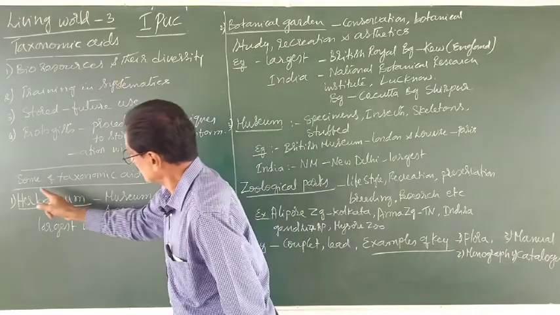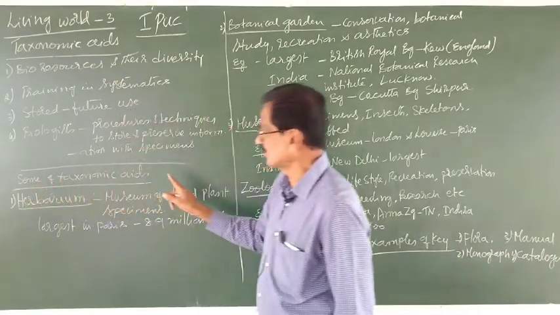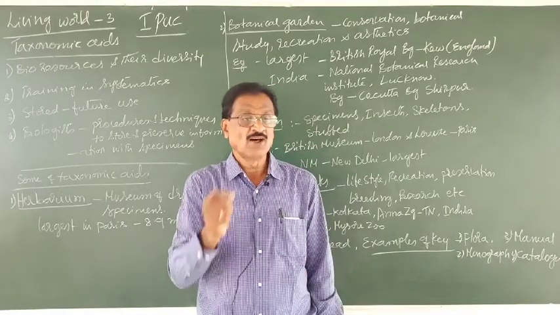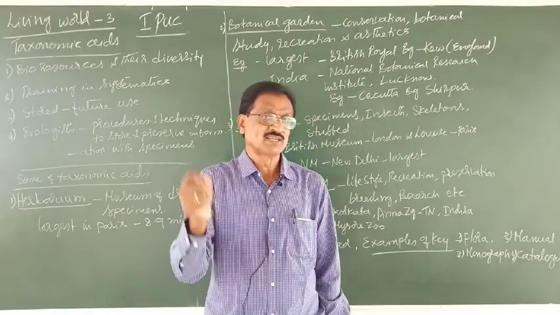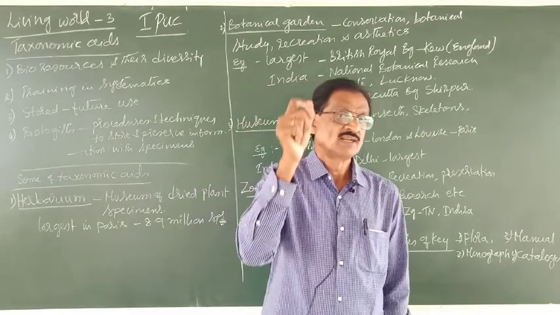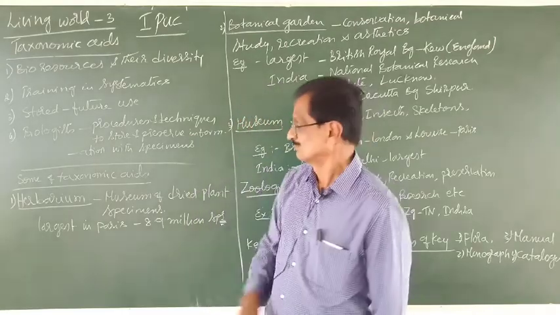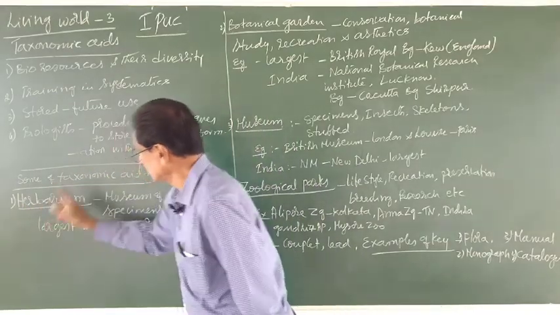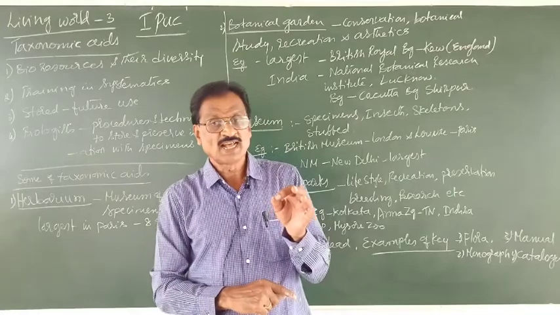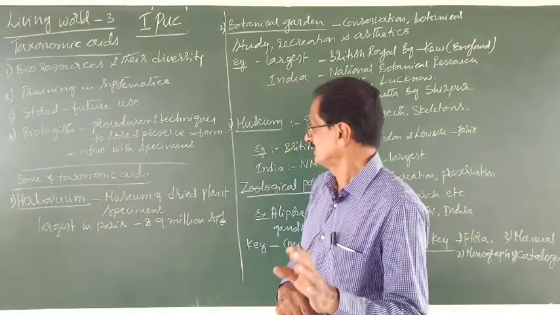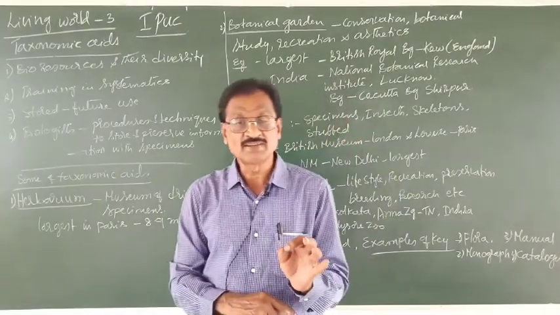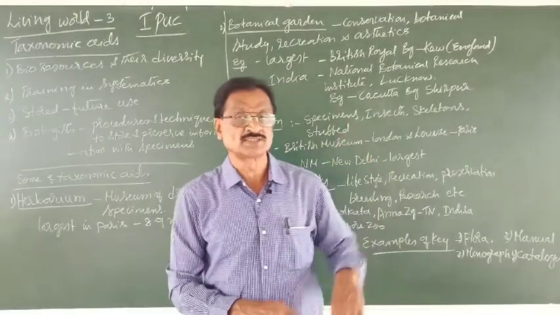Now, let us know about some of the taxonomic aids. That means how the information or the specimens can be stored for future use. The first one is the herbarium. Remember, herbarium is nothing but the library of dried plant specimens.